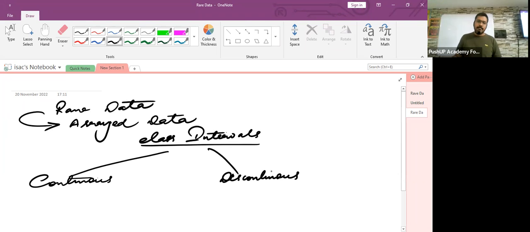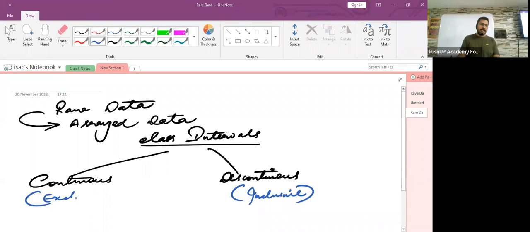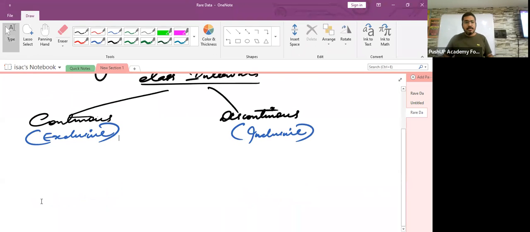The other names which are given to these two class intervals, for discontinuous, it is inclusive. And for continuous class intervals, it is exclusive, right? Then in continuous class intervals, you did not spend much time. Why?